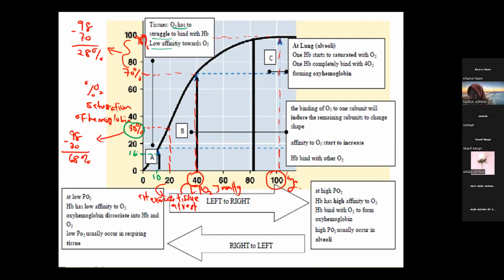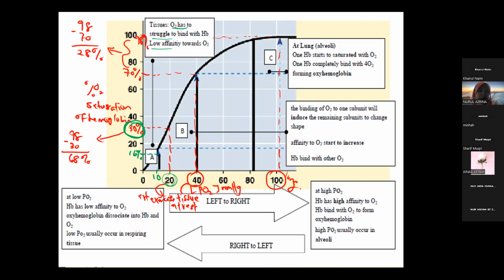Maybe 16% sahaja. Alright? Okay. So next, kita naik lagi 10 pula dah. Naik another 10, 20. So you can see that the oxygen saturation is increased. Tapi increase pun, nampak tak? 16 dengan 30. Lebih kurang macam 1/4 je lah.